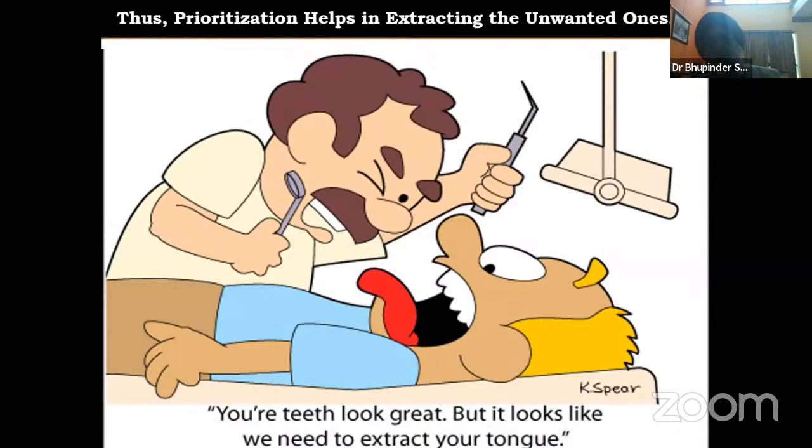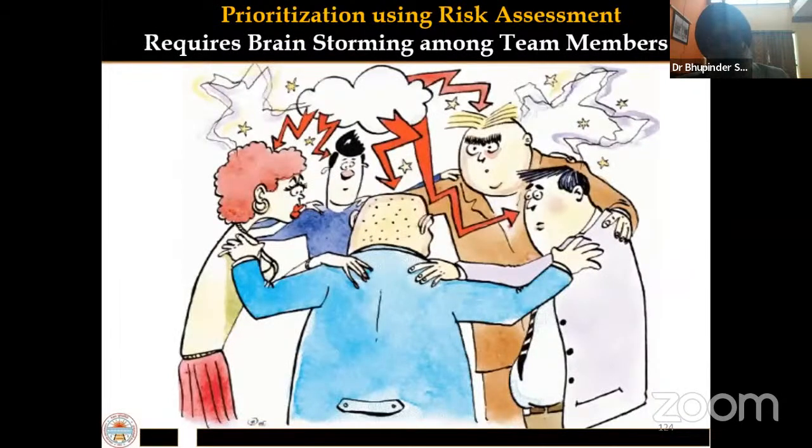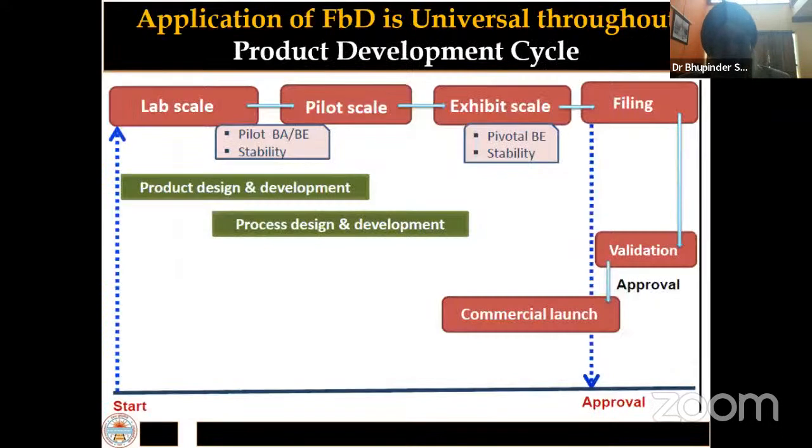So you have to extract the unwanted ones. Brainstorming is required for risk assessment across various scientists, maybe analytical scientists, the formulation scientist, the API scientist, the QA scientist, QC scientist, DRA scientist, IPR scientist.